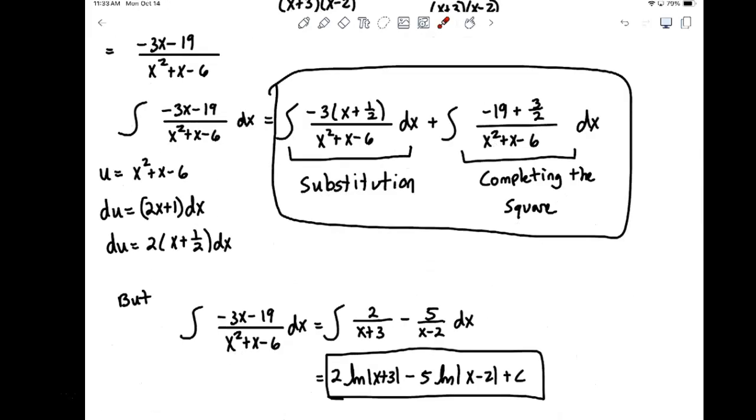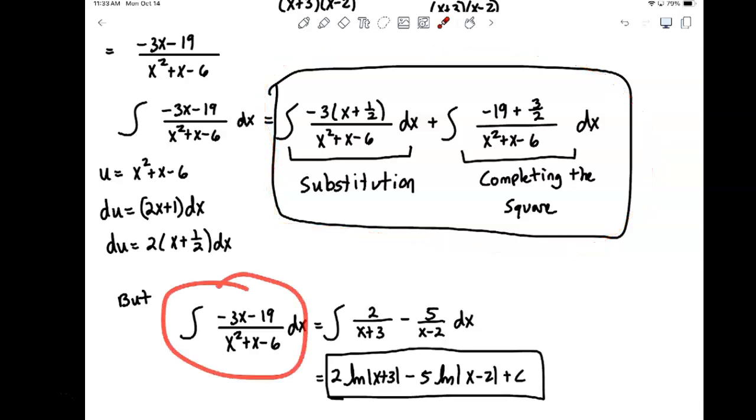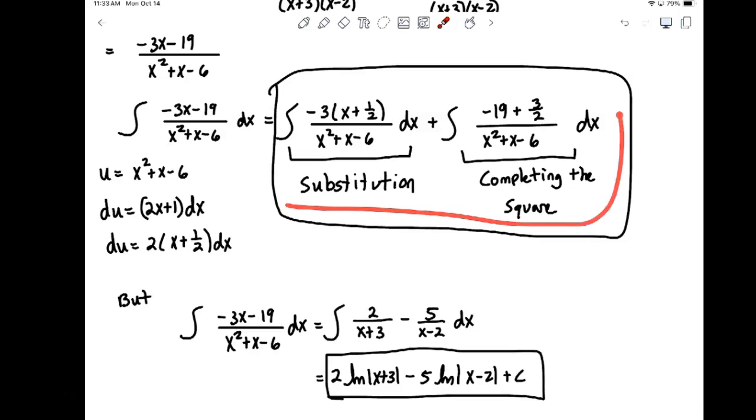And so that's the idea here. We can do this, or we can do all this ugly stuff. And it turns out the work involved to take something like this and turn it into something like this is generally less than all of this.